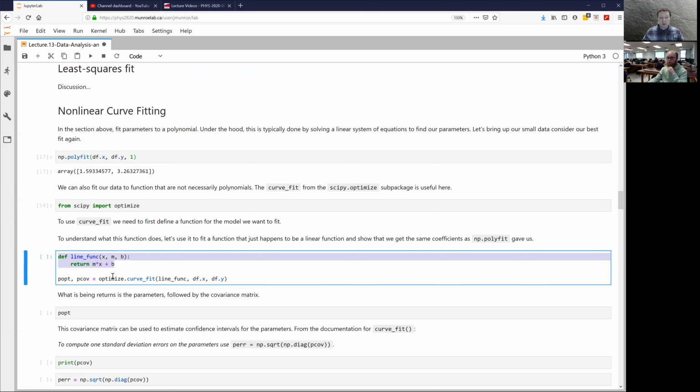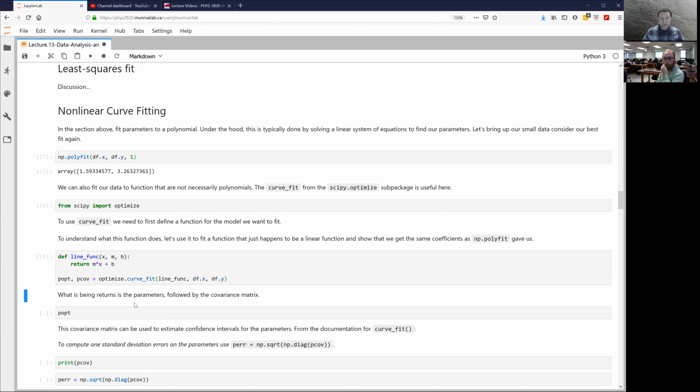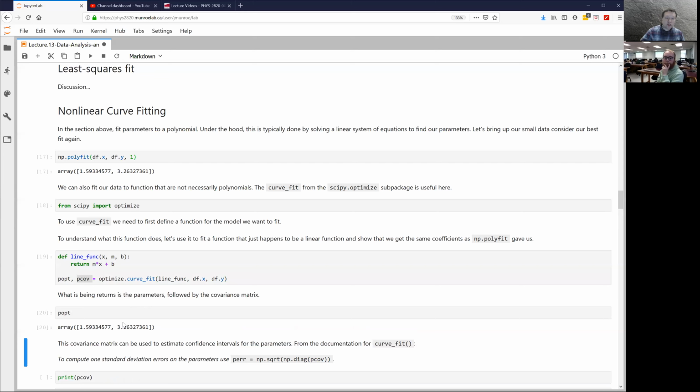The way you use this function, curve_fit, is you call it, you give it your model function, and then the data. And what it's going to give you back is two things. The two things are the parameters it's looking for and a covariance matrix. Okay. The first thing is just the numbers, the coefficients. That is the value of m and the value of b.